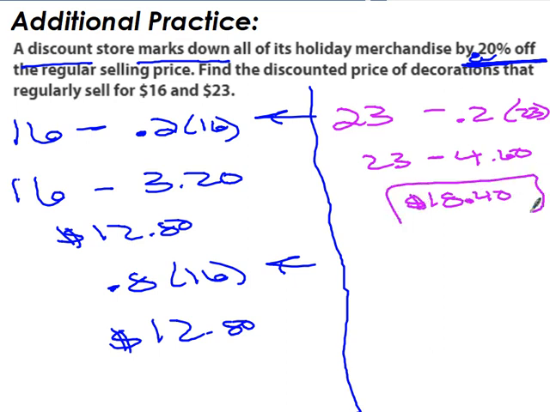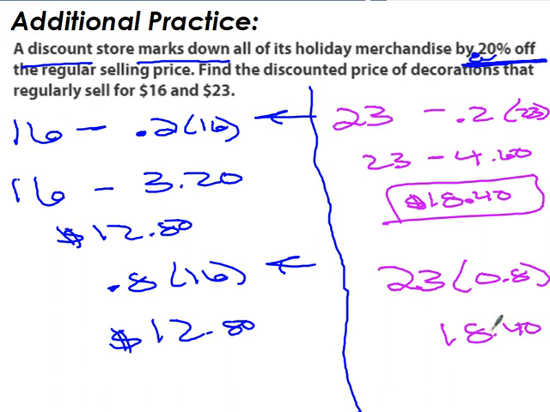There's the new sale price because we took away the $4.60 that was off, because that is what 20% of 23 is. The other expression that we should have written down was we're taking our original cost and we're multiplying by how much total we're paying. Well, we're paying only 80% of the original cost because it's 20% off. 100% minus 20% is 80%. That would also get you $18.40.